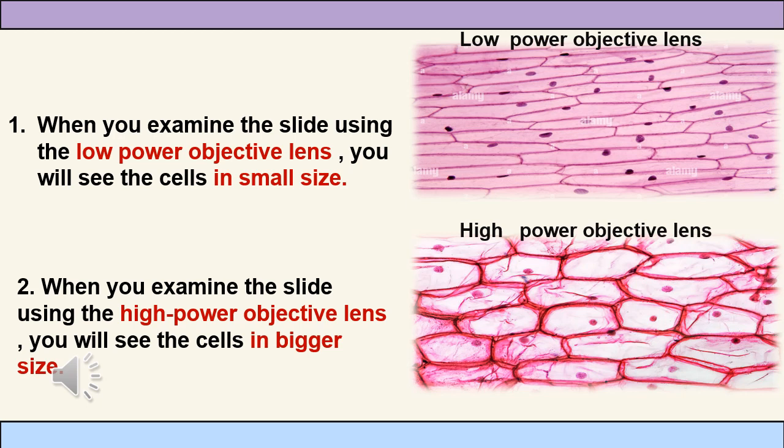Yes, super. We use it if we want to see the cells in small size. What's the importance of the high power objective lens? Super. We use the high power objective lens if we want to see the cells in bigger size.